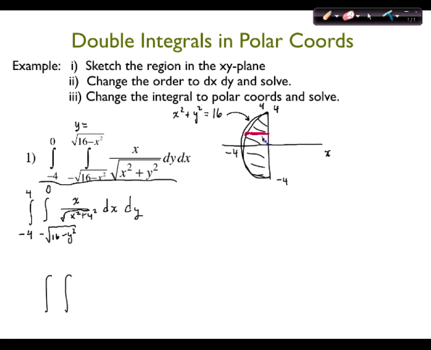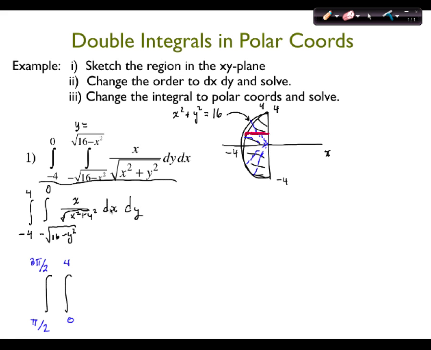R goes from inside to out, right? This is not going to have negative R, so it's going to be from 0 to 4. And then theta from pi over 2 to 3 pi over 2. Writing these limits is just like those practice problems I gave you.